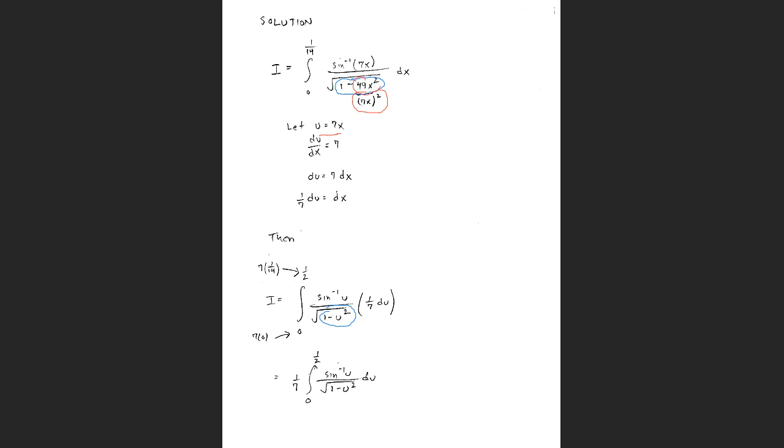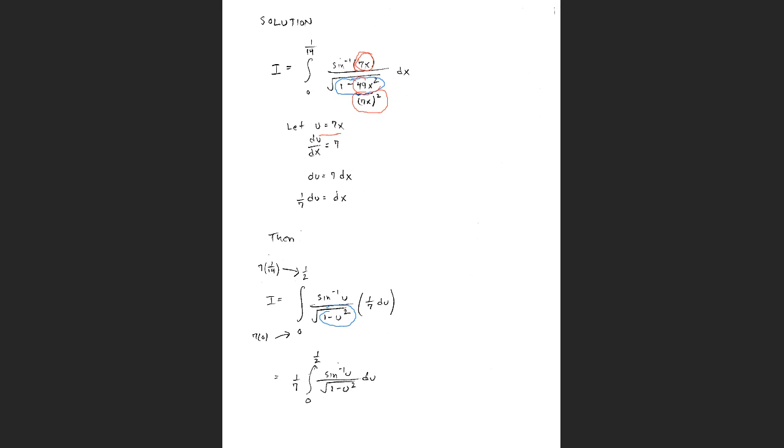So I get why u is 7x, but is the 7x from the sine or the one inside the square root? What is critical is this here. But you need them both to work out.